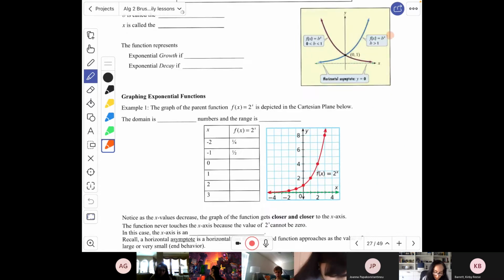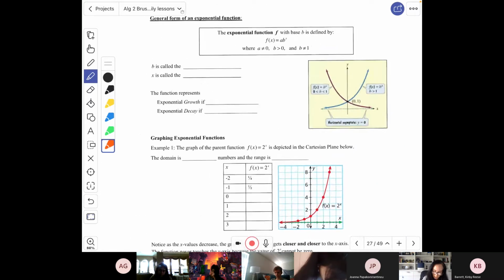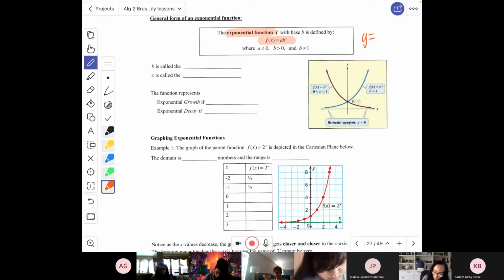So if I formalize this, we have now seen that we are working with what's known as an exponential function. An exponential function in function notation takes on this form. Now, in our example, that a value was 1 because we were only dealing with y equals b to the x, right?